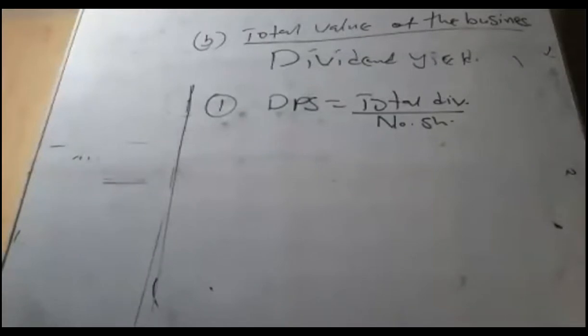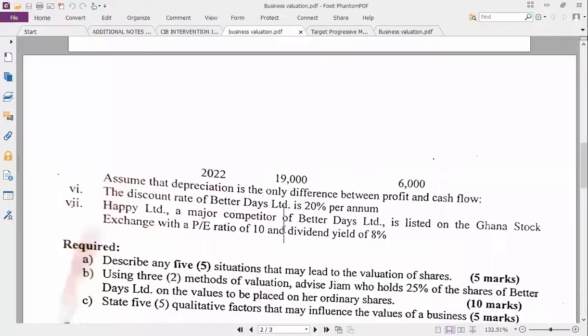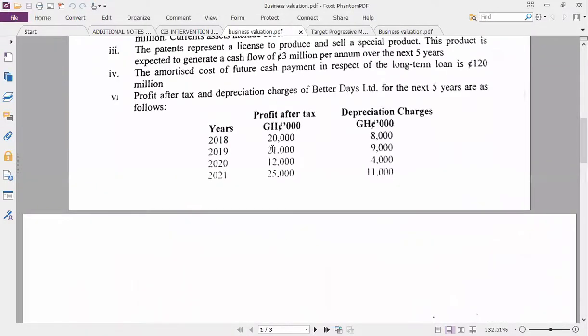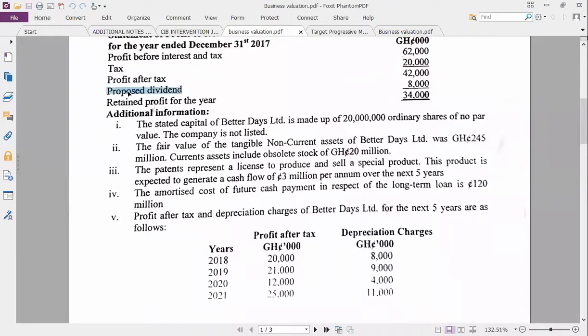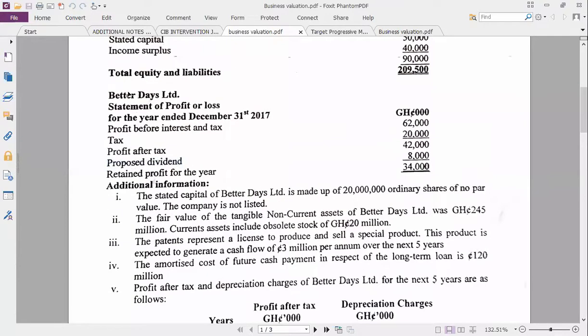So let's go to the question and pick the dividend per share. The dividend per share will be the total dividend. This is the proposed dividend. Whether proposed dividend or dividend paid, we are looking for the total dividend, so we pick the total.